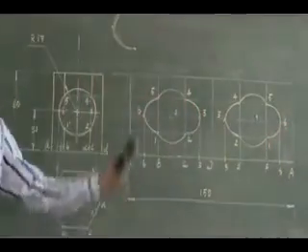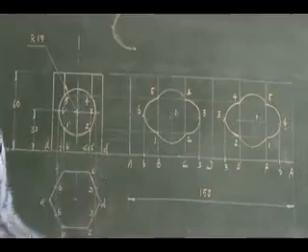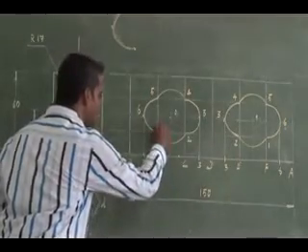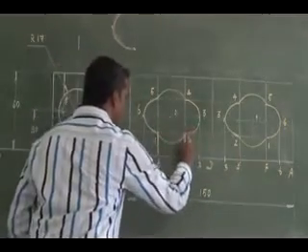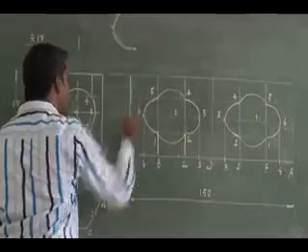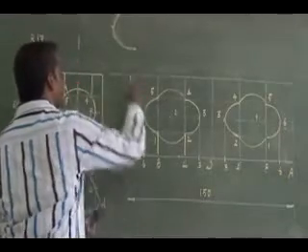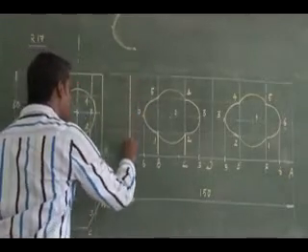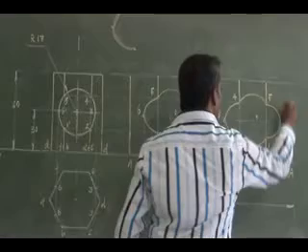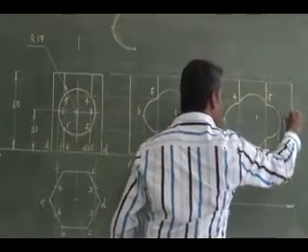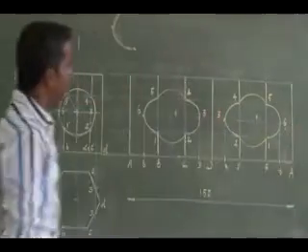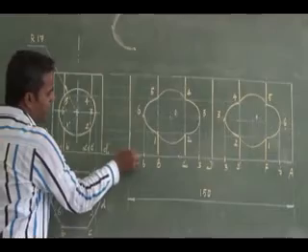So the retained portion, vertical edges, you have to show it. So this is one of the vertical edges I have here. Then the base.